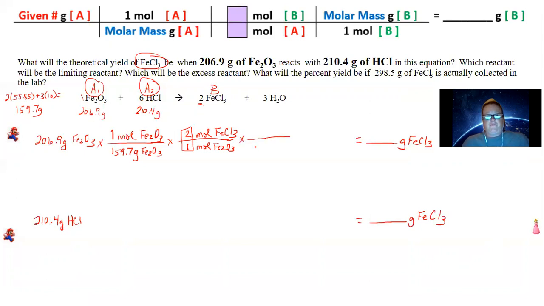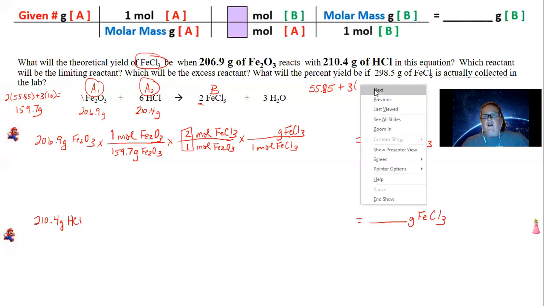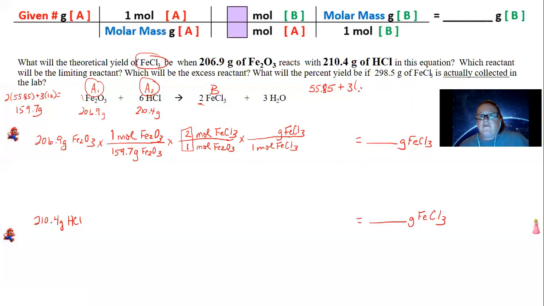And the last step is 1 mole of B on the bottom, FeCl3, and it's going to be the molar mass of FeCl3. So we have 55.85 plus 3 times 35.45, and that gives us 162.20 grams for the molar mass.